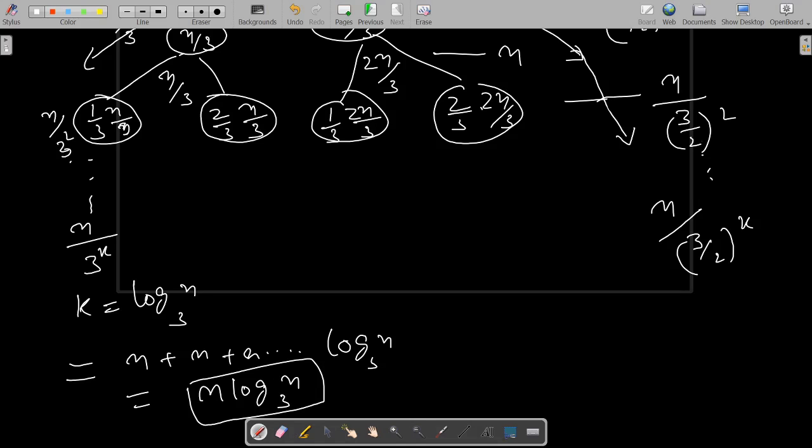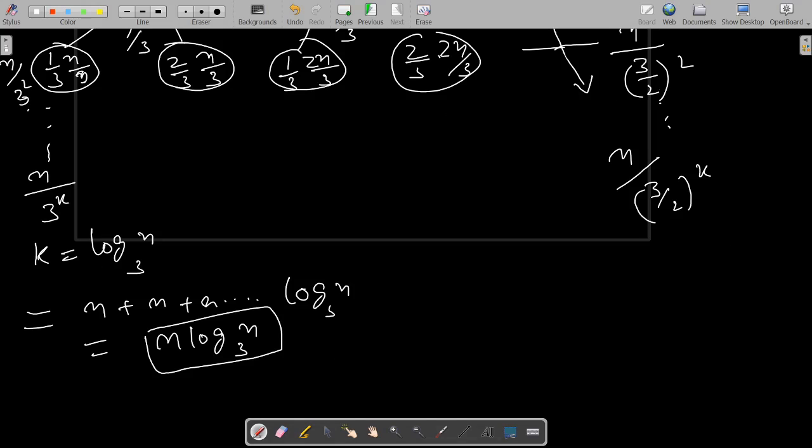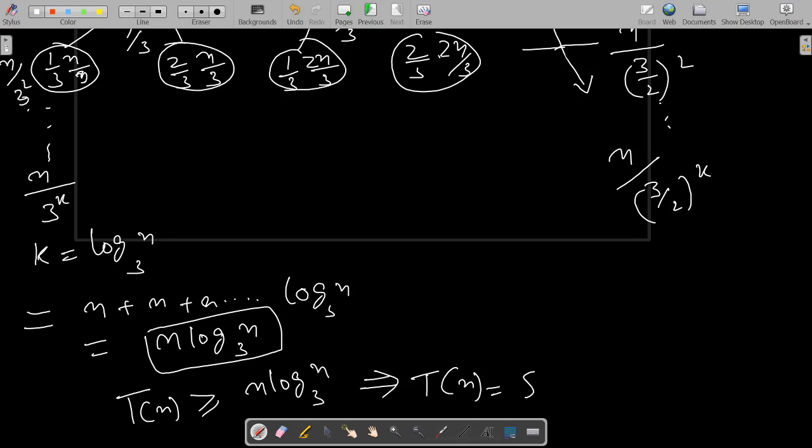This is the minimum number of operations in this recursion tree. So Tn is greater than or equal to n log n base 3, or we can say that Tn is big omega of n log n base 3.